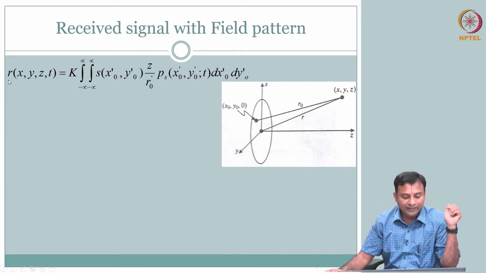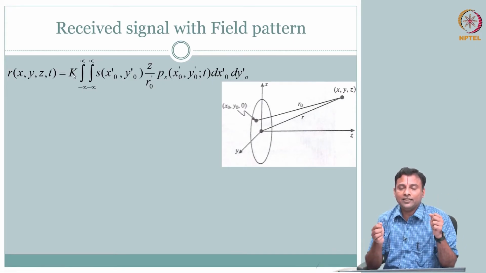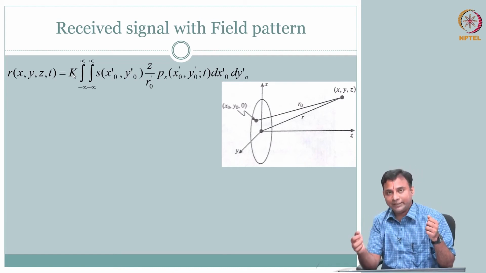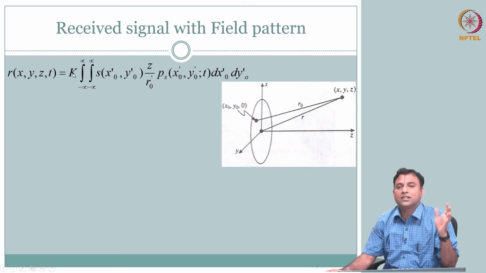So, the received signal is nothing but the spherical wave that got reflected and came out, times the reflection coefficient R, times some constant that has to do with essentially your efficiency of conversion, for example, from electrical to pressure and pressure to electrical. All those things contribute.